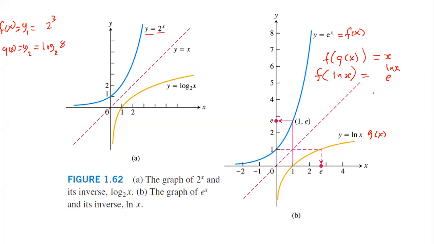Okay, let me just remind you of the ones that we did, and I want you to try to do it in the same manner. Okay, I'm going to go ahead and repeat. Remember when we talked about g of f of x? G of f of x, okay?